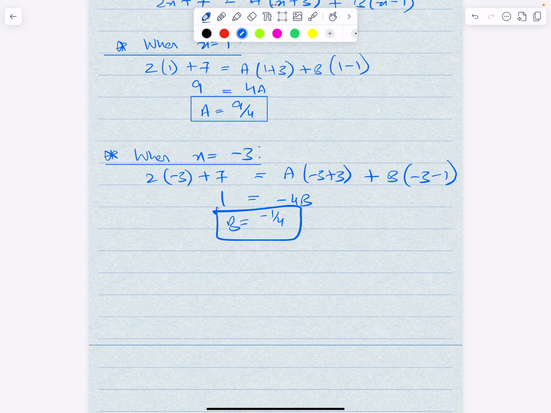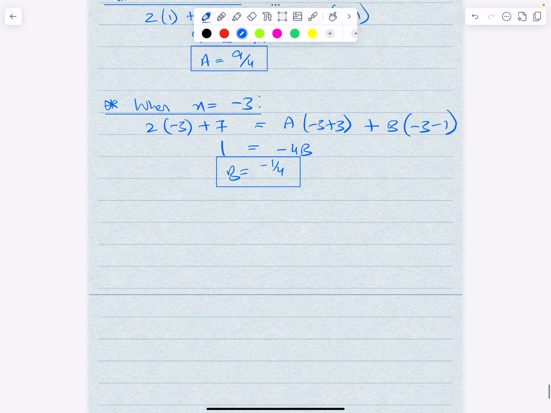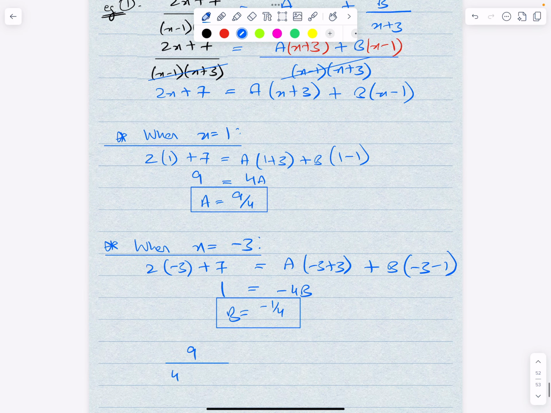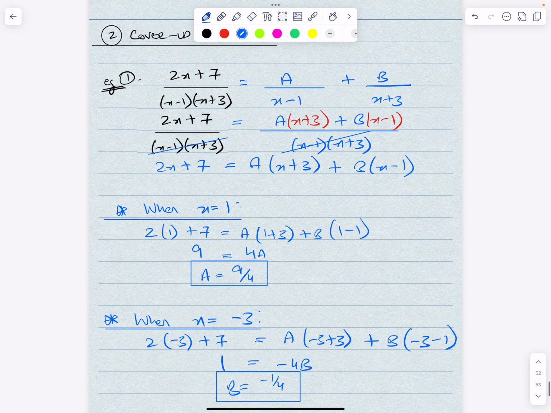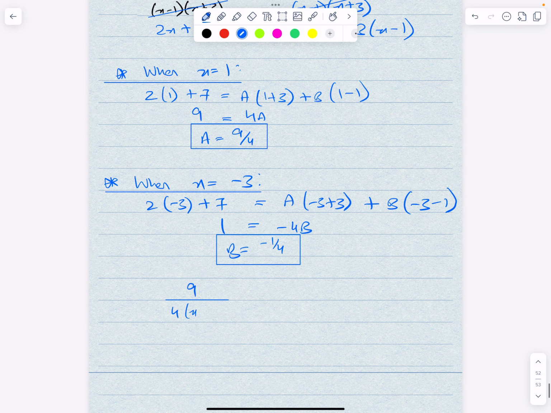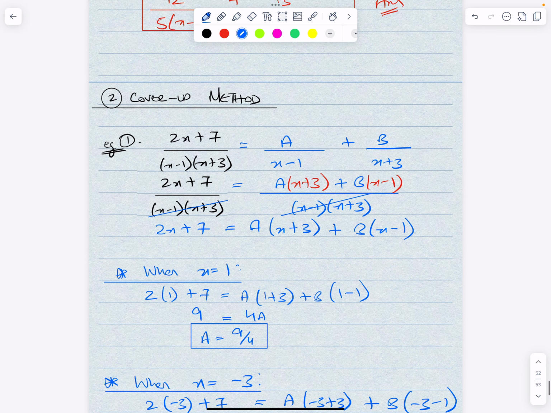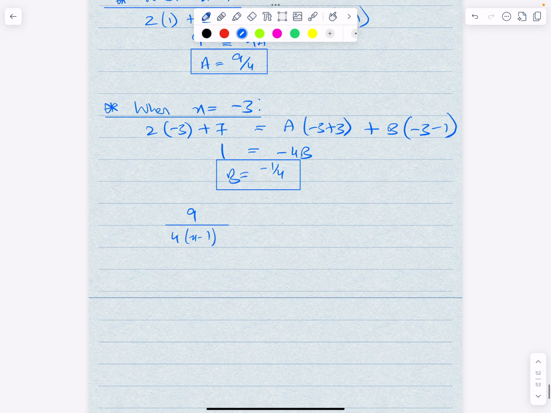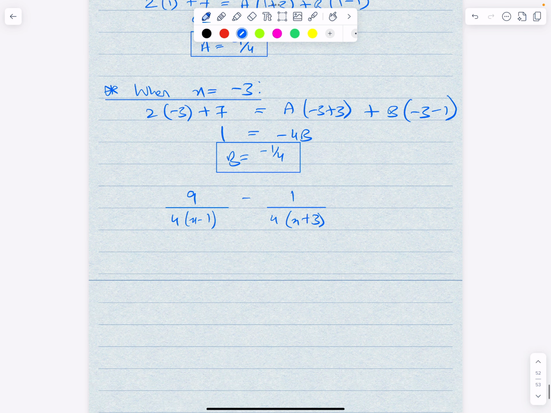I cannot leave my answer in this form. I'll have to leave my answer as partial fractions, and my answer would be something like 9/4 over (x - 1), minus 1 over 4(x + 3). Just confirm the denominators, and yes, this is my answer.